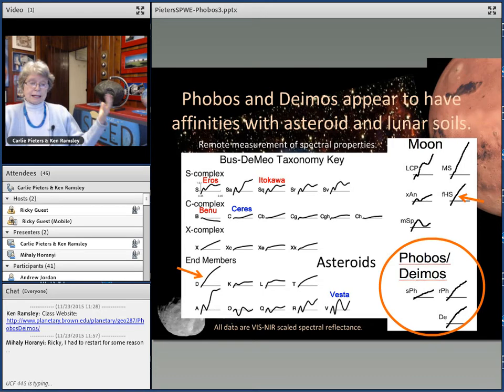Or maybe it's a particular kind of asteroid that's not one of the ones we've looked at. The ones we've looked at, we can understand the character of those regoliths, but maybe it's one of the asteroids that we haven't looked at.